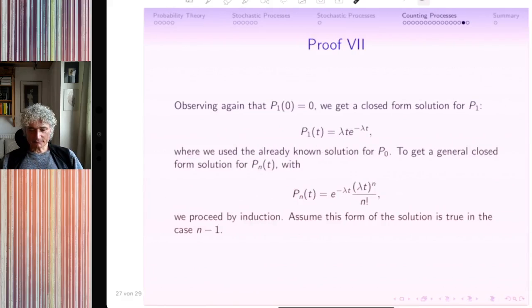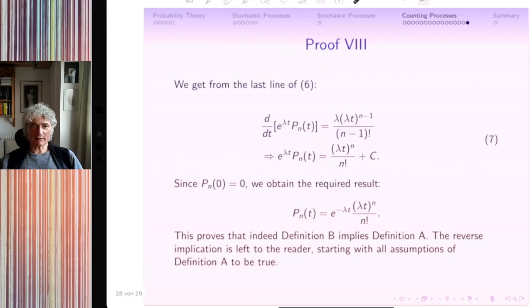And then we first look at the solution for P_1 of t, so the process where we count exactly one event, and using this formula we then use the idea of induction.